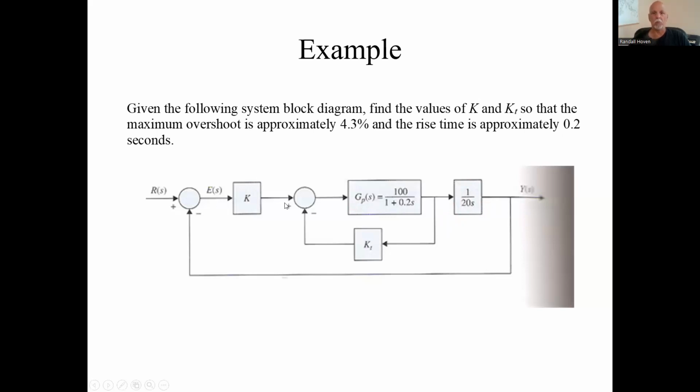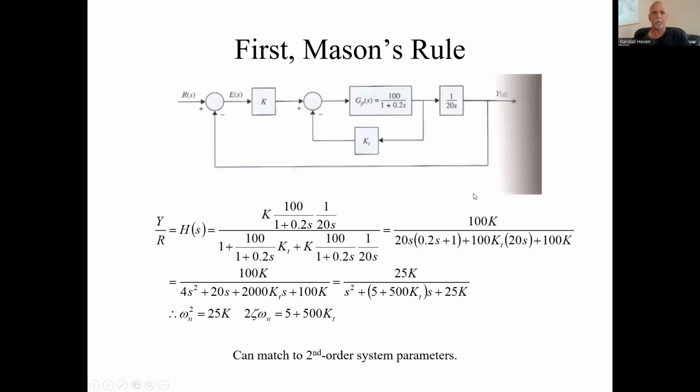It's just going to be 1 minus the two loop gains. The loop gain of the inner loop is G sub P times K sub T. The outer loop is K times G sub P times 1/20S. Everything I just said goes right here.